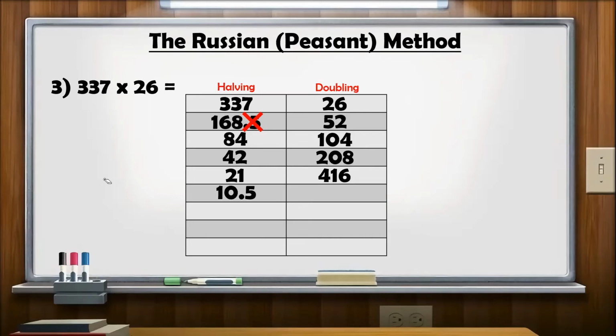Double 416 is 832. And again, we have a decimal, so we're going to get rid of it. So my 10.5 will now be 10. Half of 10 is 5. Double 832 is 1,664. Half of 5 is 2.5.